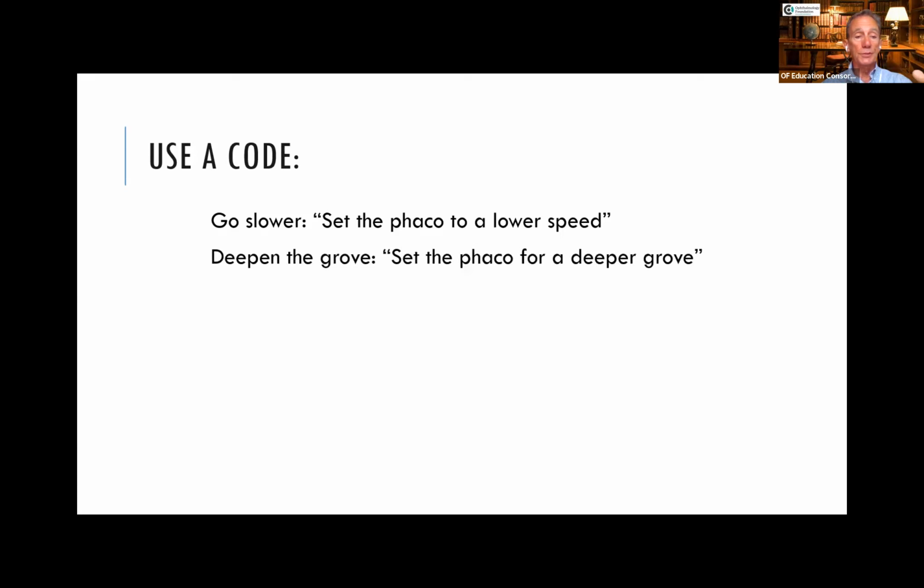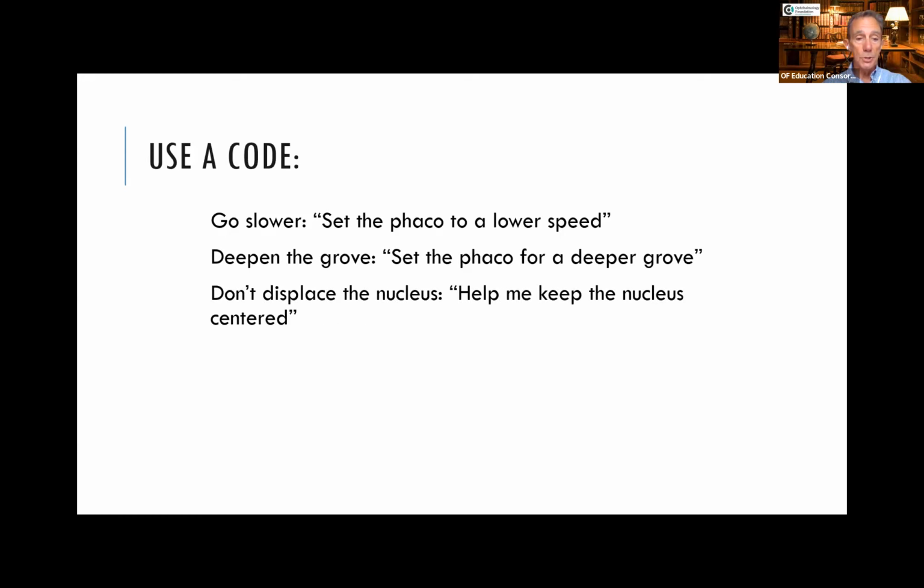And the other thing is, for me to be able to give an instruction and not alarm the patient, what I do is use some kind of code. For example, if I want the resident to go slower, I say, set the phaco to a lower speed. This, for the patient, is just listening to me give an instruction to the nurse to set up something on the phaco. If I want the resident to deepen the groove, then I say, set the phaco for the deeper groove.